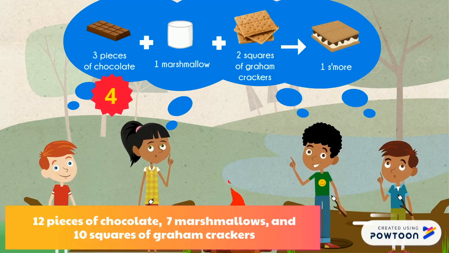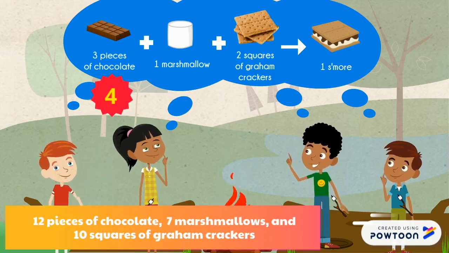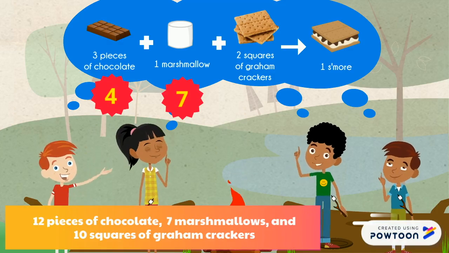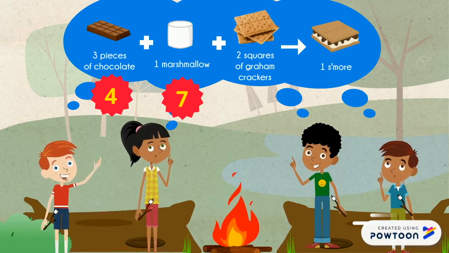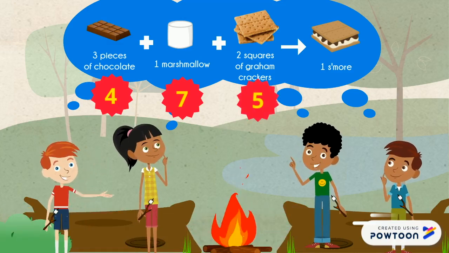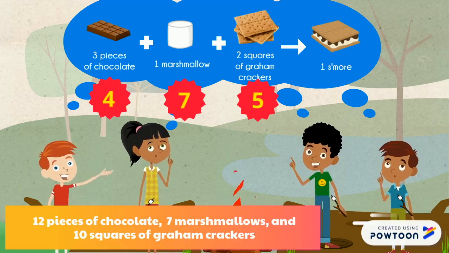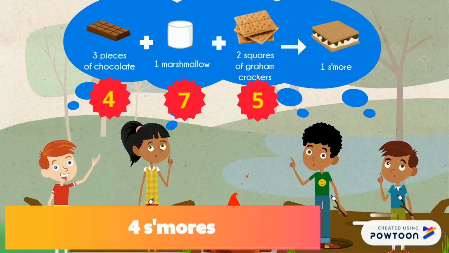If all 7 marshmallows were used with the unlimited rule, they could make 7 s'mores of 1 marshmallow each. Finally, with the 10 squares of graham crackers, dividing that by 2 squares for each, they could make 5 s'mores. So, what was the smallest amount of s'mores that could be made? Looking at our numbers, we can see that the answer is 4 s'mores.